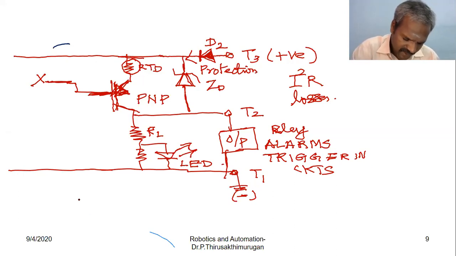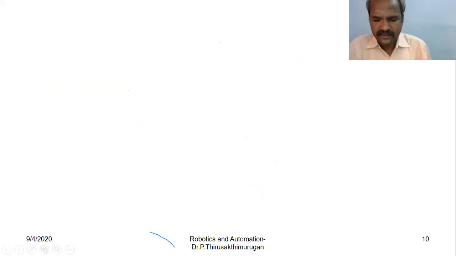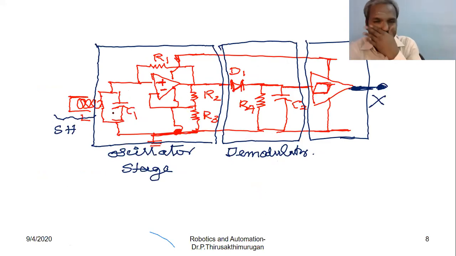So there are 5 stages. First, the sensor head, which is of 2 types: one is shielded and another is unshielded. The second stage is the oscillator stage.